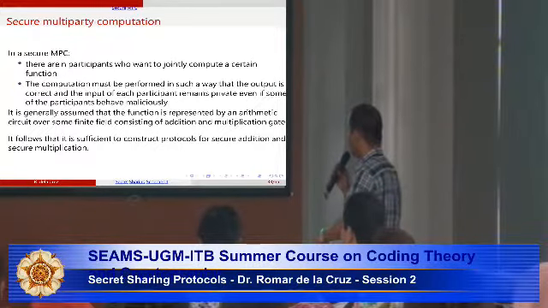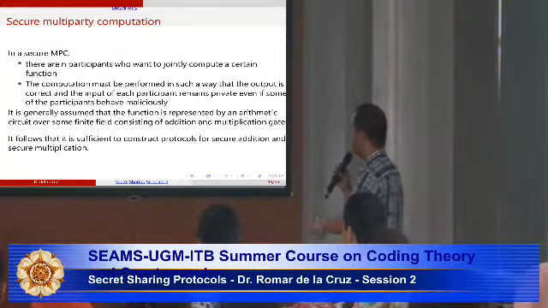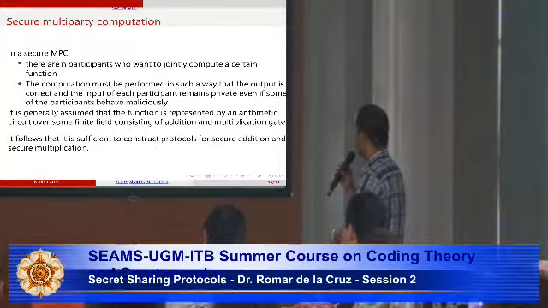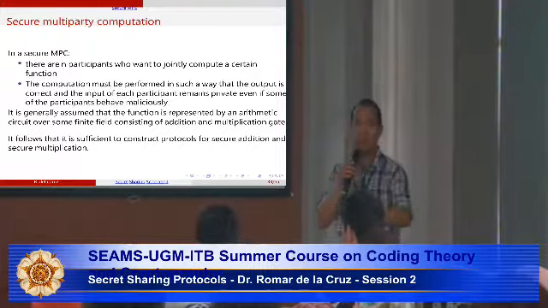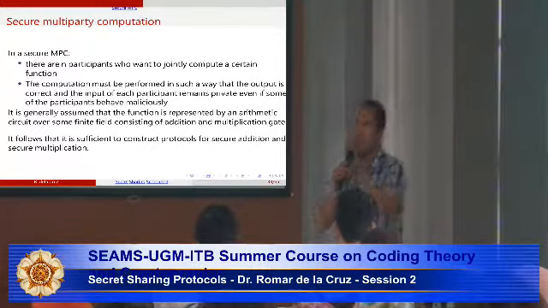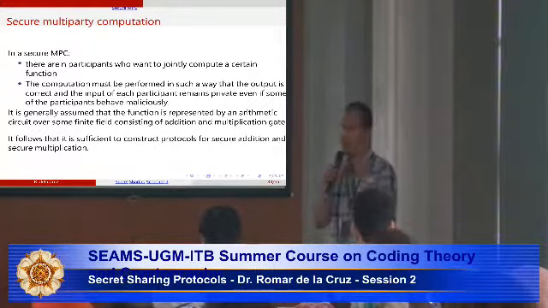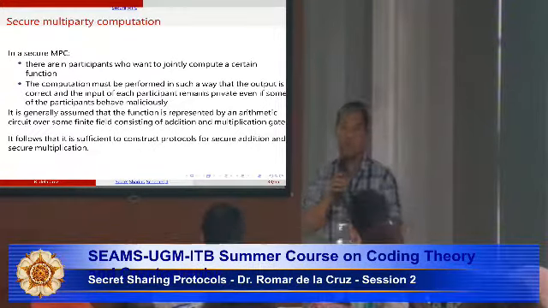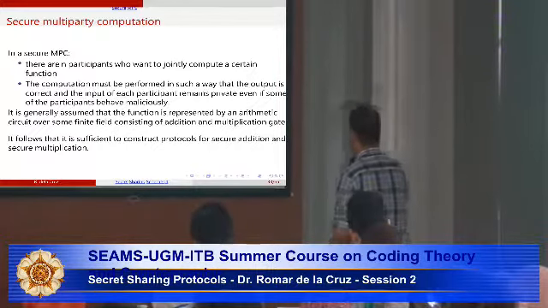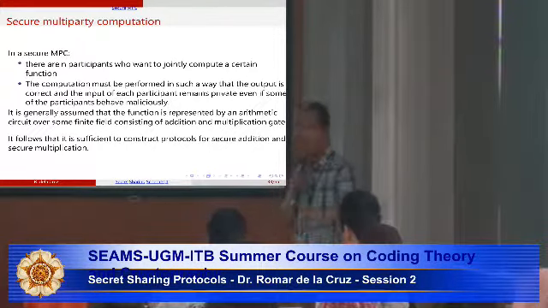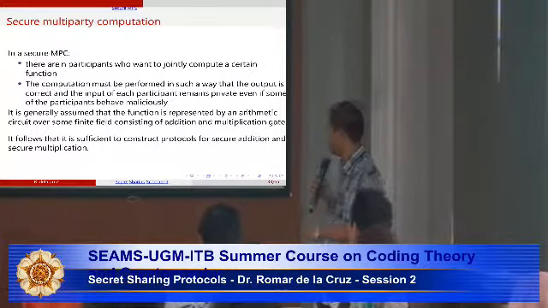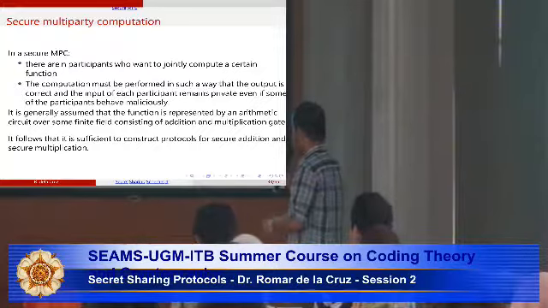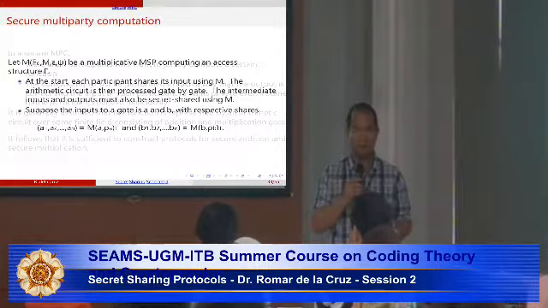This means that if you want to construct an MPC protocol, it is sufficient to construct protocols for addition and multiplication, because you can express any function as a combination of addition and multiplication gates. So you just focus on secure addition and secure multiplication. For secure addition, it's straightforward.